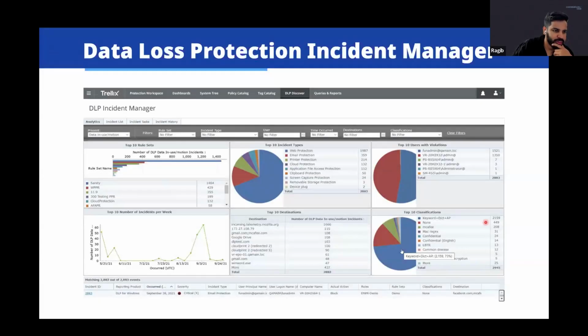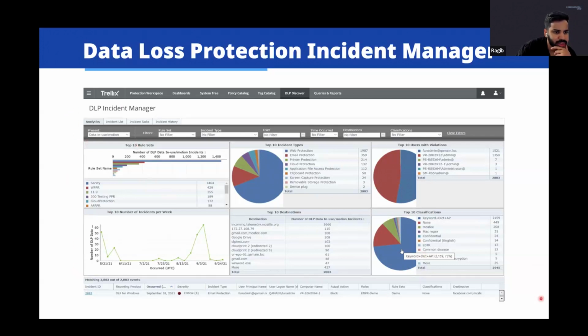Okay, so this is, again, the dashboard. This is the DLP Incident Manager, which basically means Data Loss Prevention Incident Manager, right? Again, your command center for data loss prevention incidents. Think of it as your security dashboard that shows you exactly what's happening with your sensitive data. All right, so we have a few tabs.